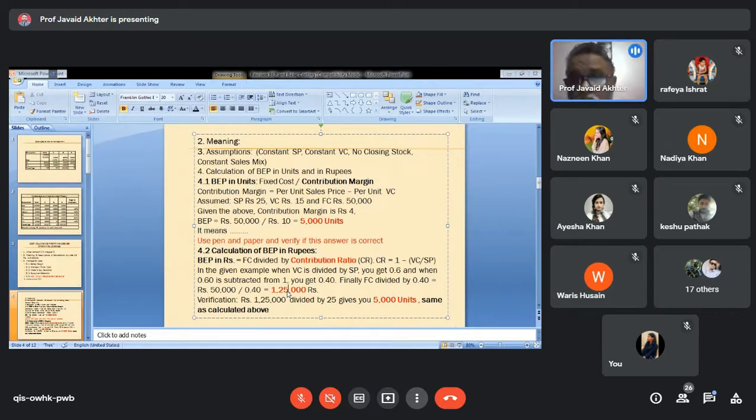Similarly, you can also calculate break-even using a graph. So you have X and Y axis. Plot your number of units on X and cost and revenue data on Y. Where two curves intersect each other will be your break-even. So try making a graph of this data. You have this data: sales price 25, variable cost 15, fixed cost 50,000.